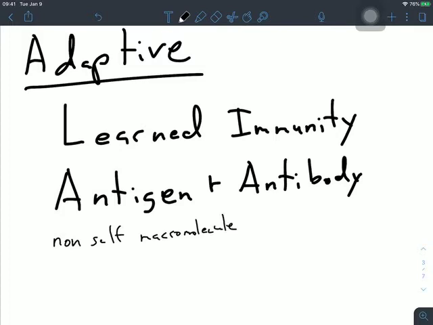So it could be a glycoprotein, glycolipid, a specific protein, anything that just identifies this particle as non-human. An antibody is the component that's going to bind to it.